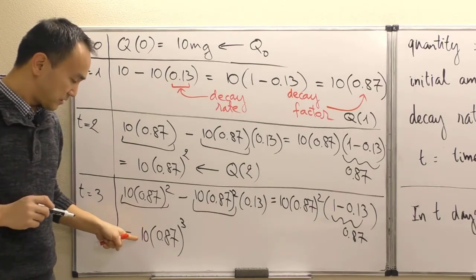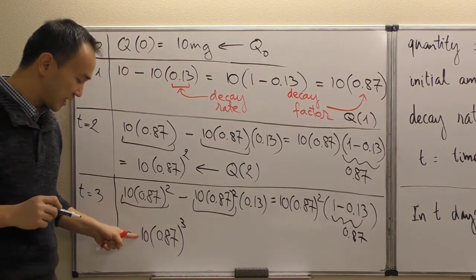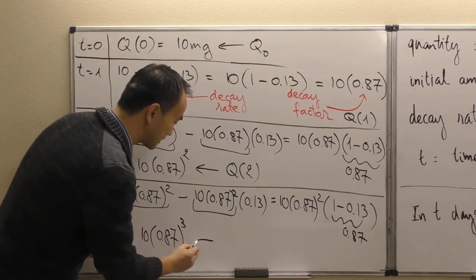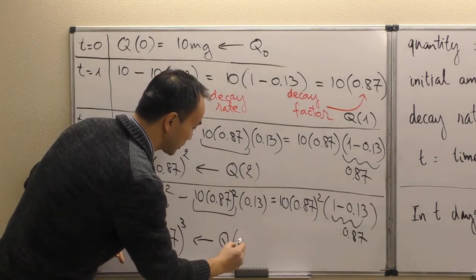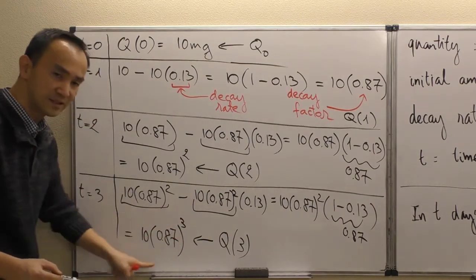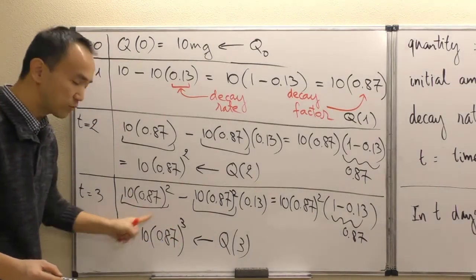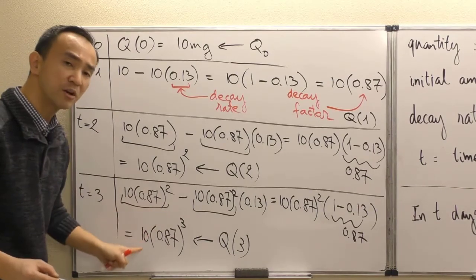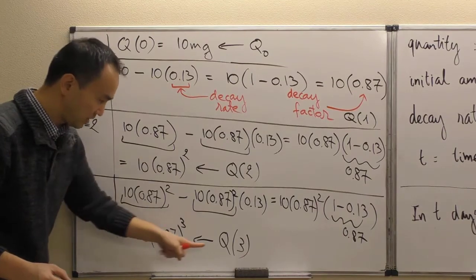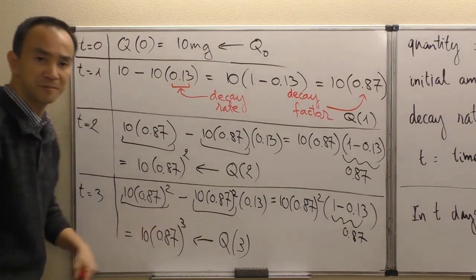So this final expression, 10 times 0.87 cubed, is the quantity when t equals 3. So we have Q3, calculated according to this rule, this formulation. So 10 times 0.87 cubed, t equals 3, we got a cube here.